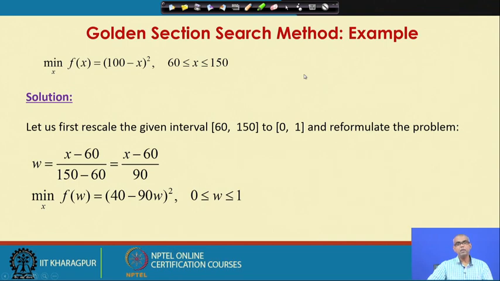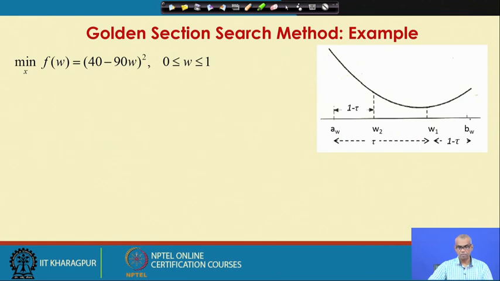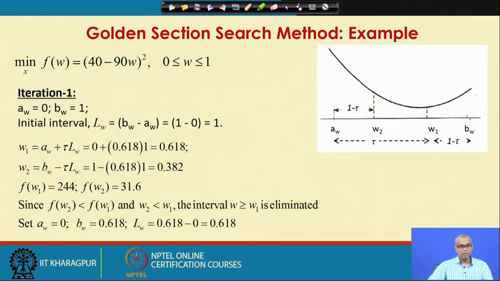We will obtain the minimum in terms of w, and again go back to x by making use of w equal to (x minus 60) by 90. So, in iteration 1, we set a_w equal to 0, b_w equal to 1, initial interval L_w equal to b_w minus a_w equal to 1.